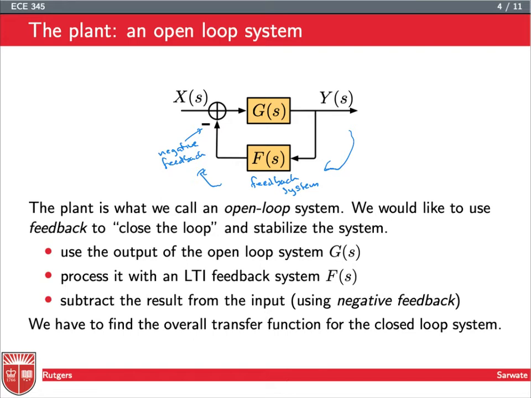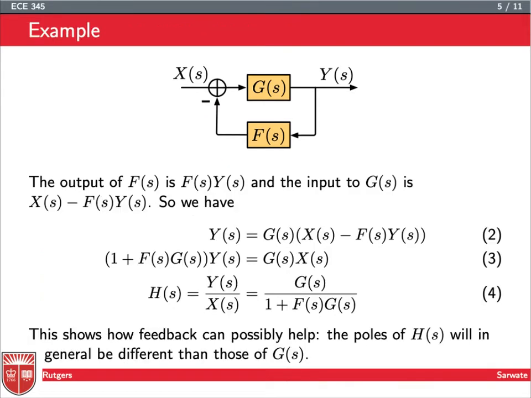So we want to find the overall transfer function for this closed loop system. That's the name of the game, and this is just a little trick of algebra, and I think once you see it once or twice, it becomes a little bit clearer. So I recommend also going through these derivations on your own, on a piece of paper, so that you understand what's going on.